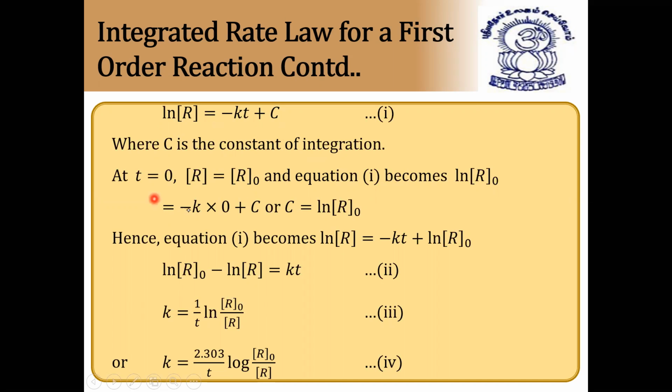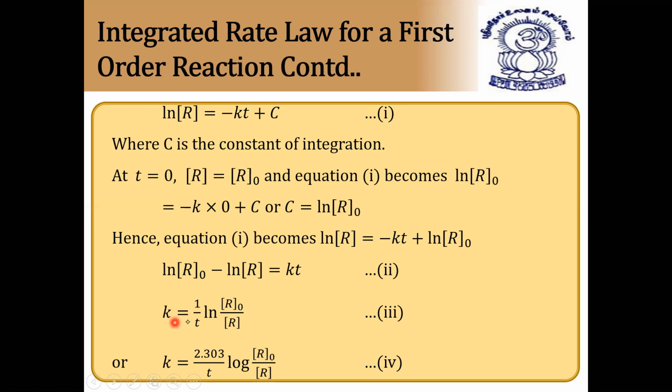So ln R, the concentration of reactant, is equal to minus kt plus c, and at t is equal to 0, minus k into 0 plus c, so c is equal to ln concentration R naught. Hence equation 1 becomes ln R is equal to minus kt plus ln R naught. By this we can write ln R naught minus ln R is equal to kt.